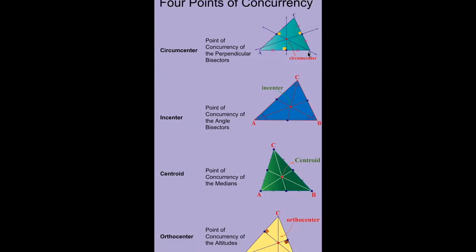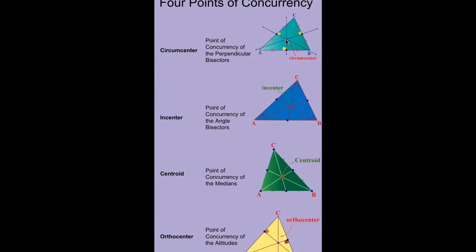Note, we've got these 3 lines coming into the 3 sides of the triangle. They all hit the triangle at a right angle and divide the sides into equal pieces. The place where those 3 lines meet is called the circumcenter.